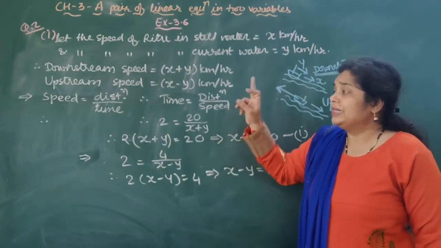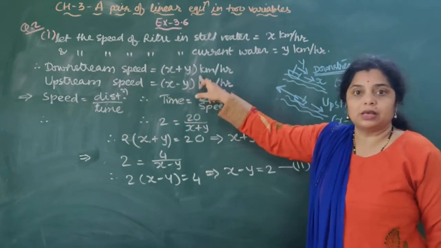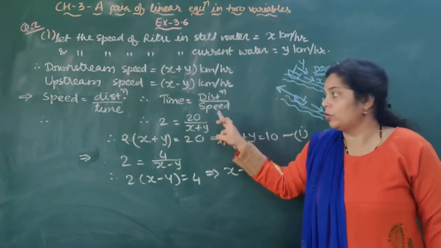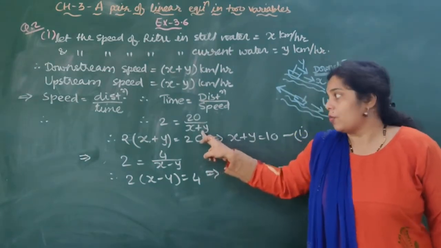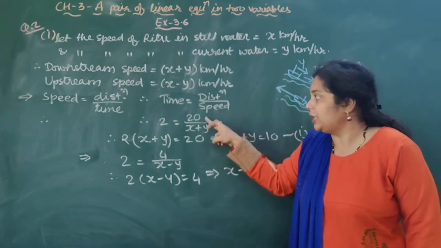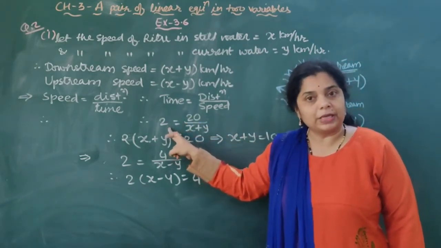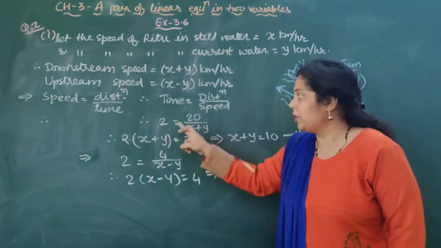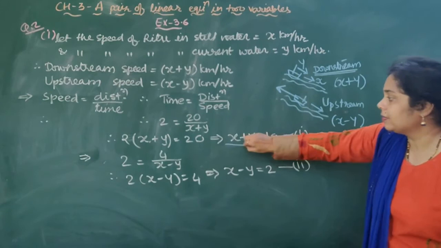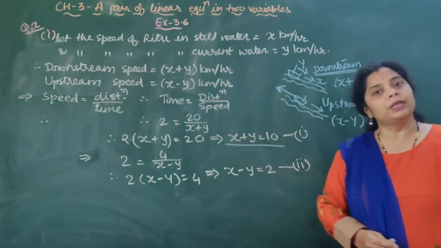For downstream, what is the speed? x plus y. So in place of speed we substitute x plus y. How much distance does it cover in downstream? It is 20 km. And how much time is required? It is 2 hours. Isn't it easy? Now you just do the cross multiplication and we get the first linear equation, that is x plus y is equal to 10.